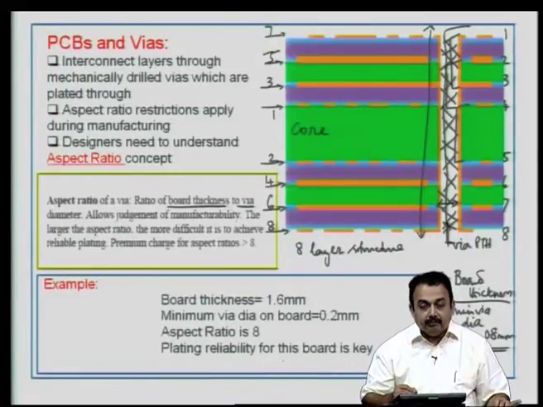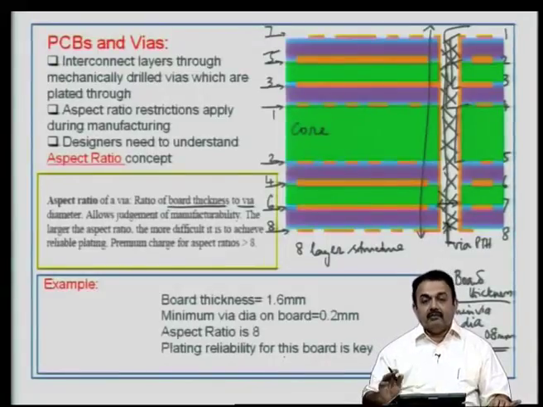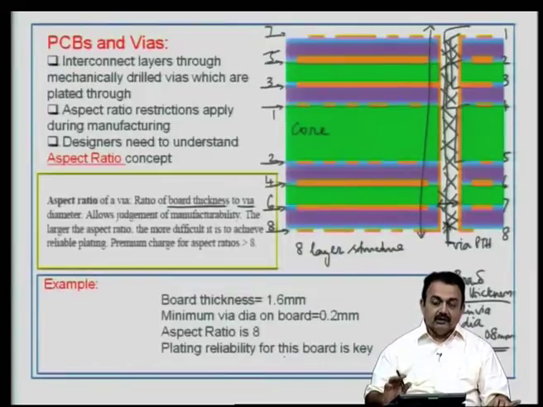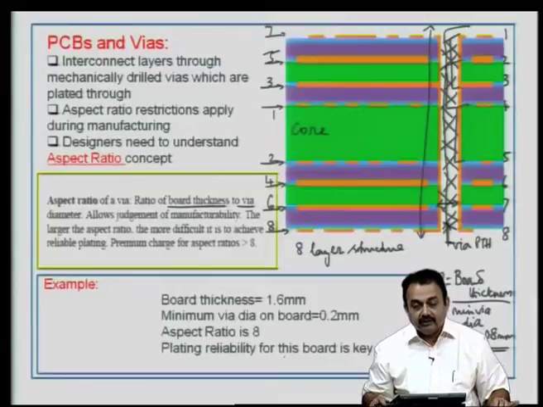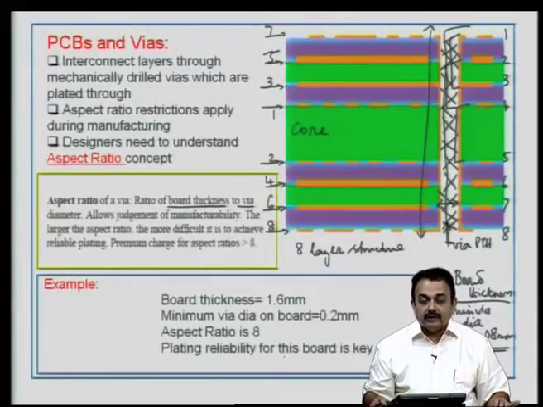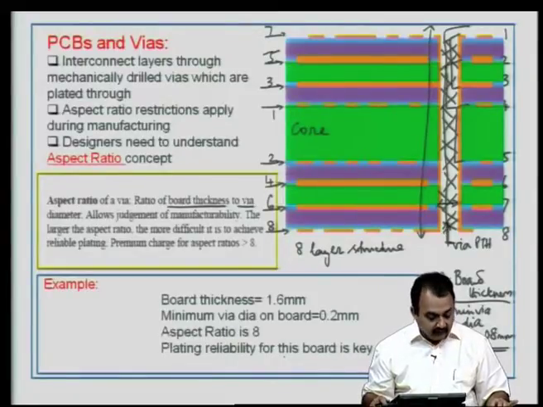The plating possibly can happen, but you have to spend a lot of time on quality check and reliability for this board. Hence, the cost for this board is going to be enormous. The manufacturer definitely will charge premium rates if the aspect ratio is 8 and above.